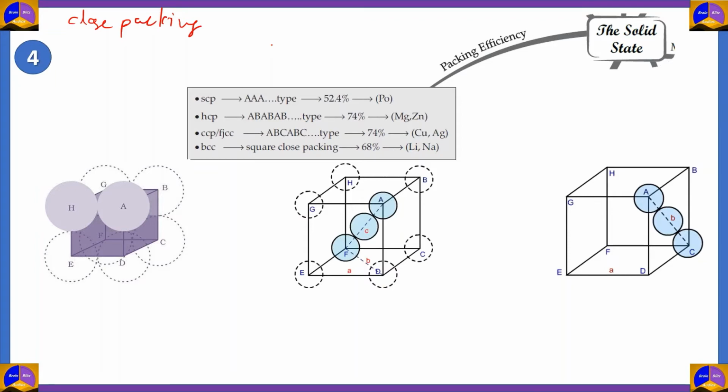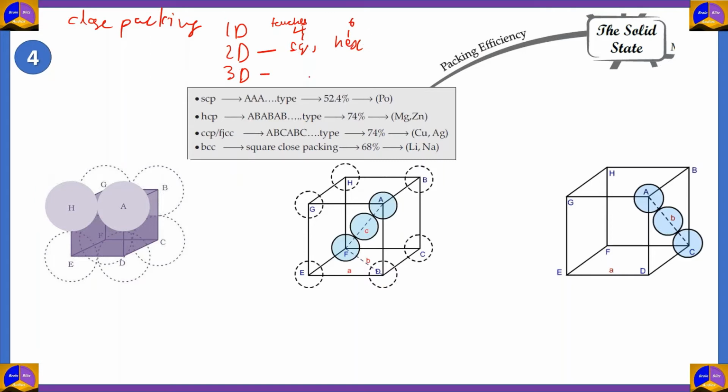They can be packed in 1 dimension, 2 dimensions, or 3 dimensions. In 2 dimensions, the main packings include square and hexagonal. Square means that 1 atom touches 4, and for hexagonal, 1 atom touches 6 other atoms.